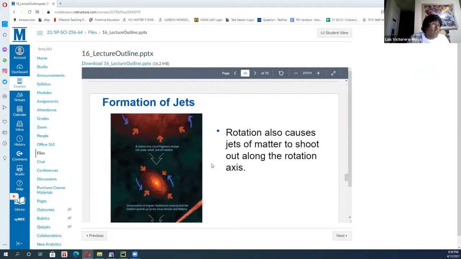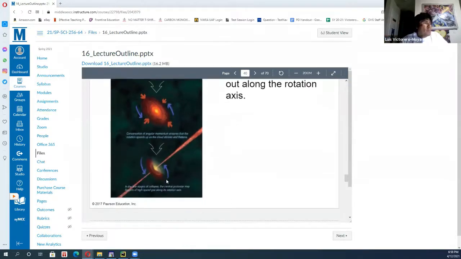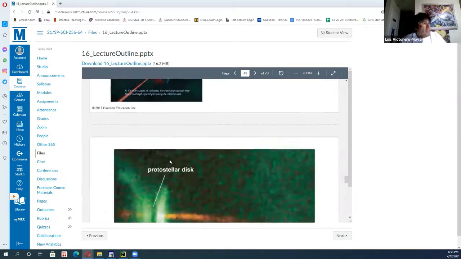And we also know that there are magnetic fields inside that region. The sun has strong magnetic fields. So the protostar is also expected to have magnetic fields. So at some point, this rotation will produce those jets coming from the protostar, which are characterized by these T Tauri stars.